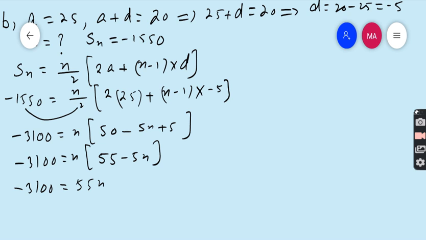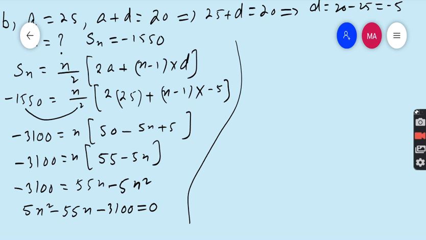So 55 into n is 55n, and n into 5n is 5n square. Shift minus 5n square over here, it is plus 5n square, then minus 55n, then minus 3100 is equal to 0.